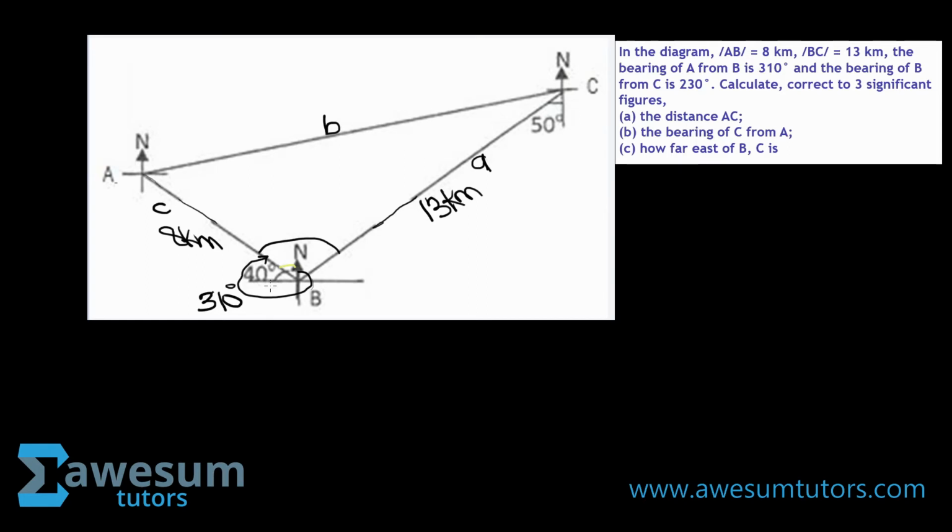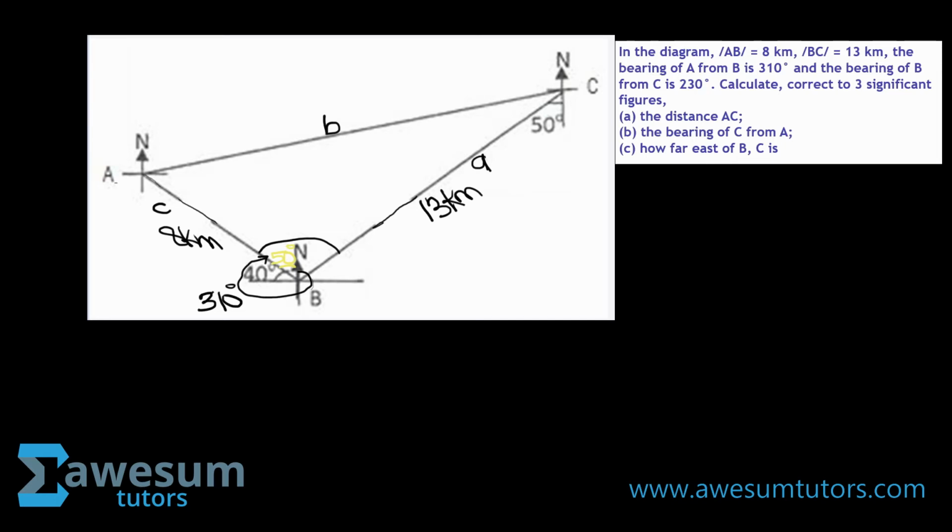You already know that the sum of angles at a point is 360 degrees. You've already gotten the larger portion to be 310, so the small portion is 360 minus 310, which is 50 degrees right here.